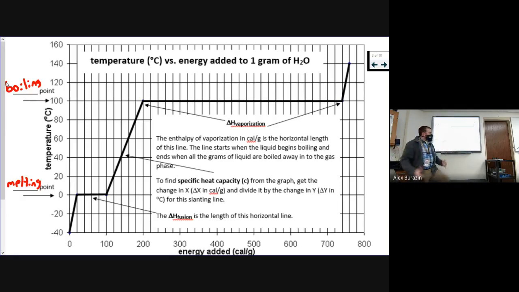So during this plateau, I have solid and liquid mixed together. During this plateau, I have gas and liquid mixed together. It's only before or after those plateaus, those phase changes, that my temperature can change as I add heat.